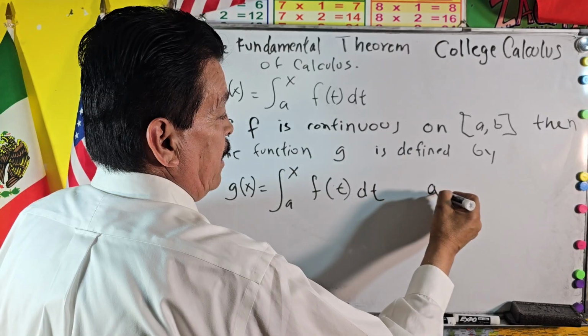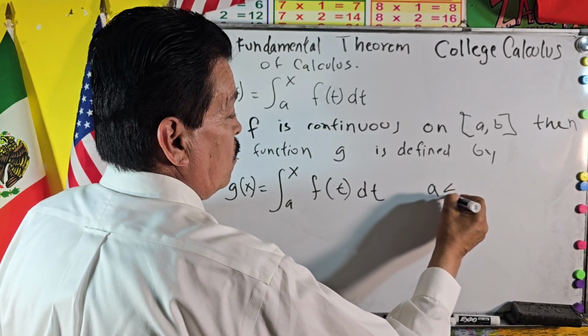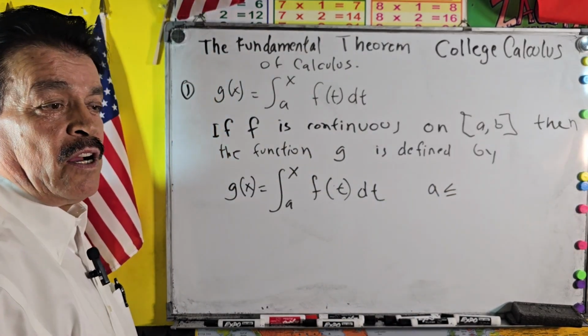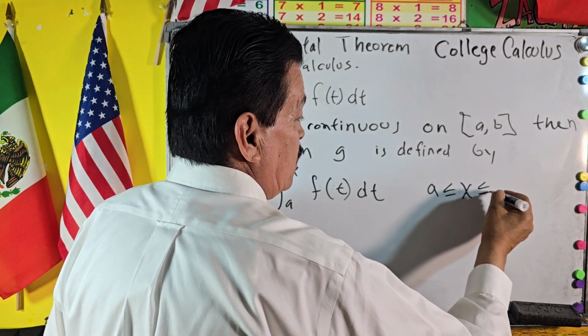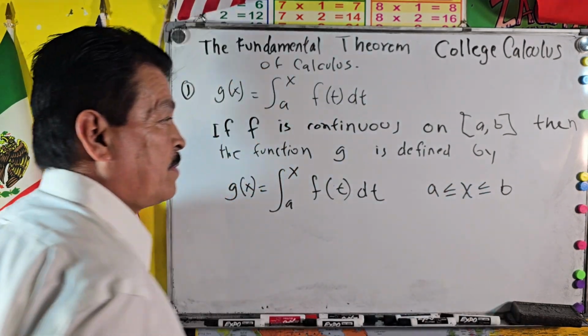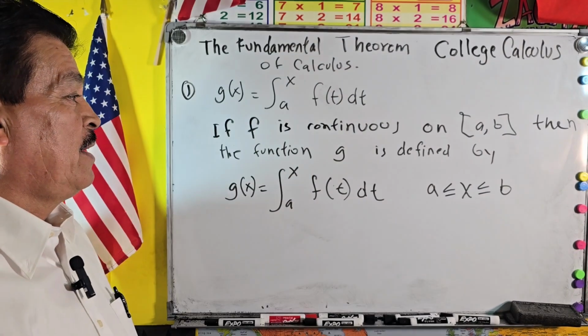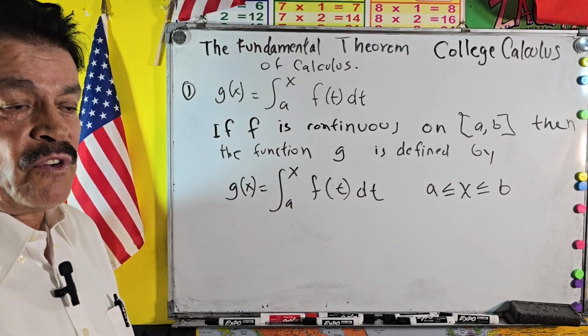The rule is when a is less than or equal to x, also less than or equal to b. That's actually the first step.